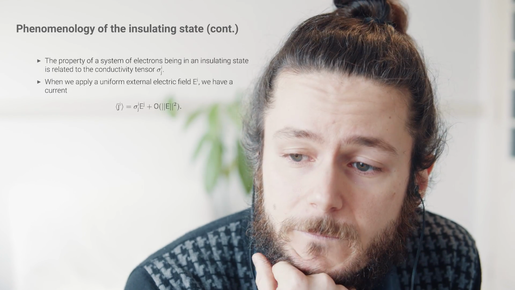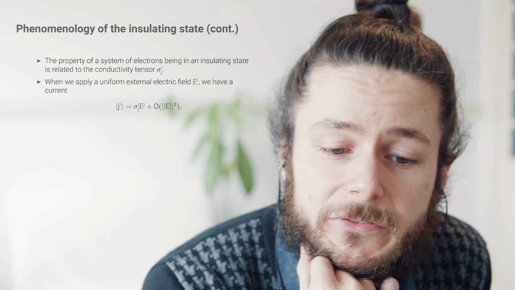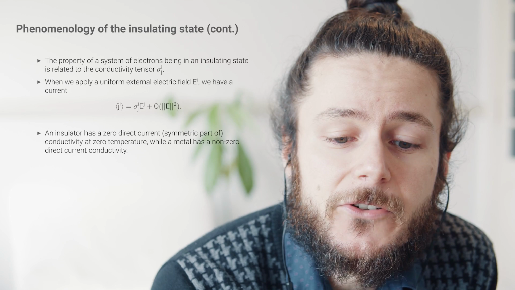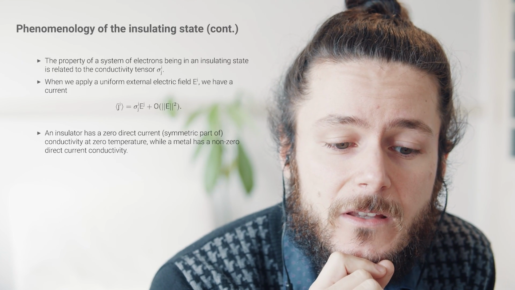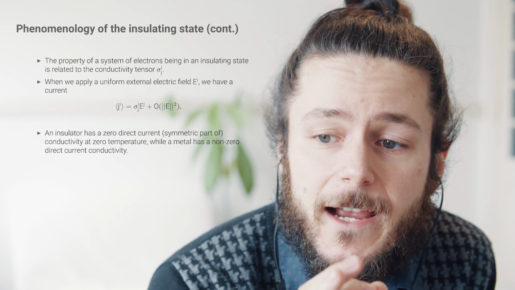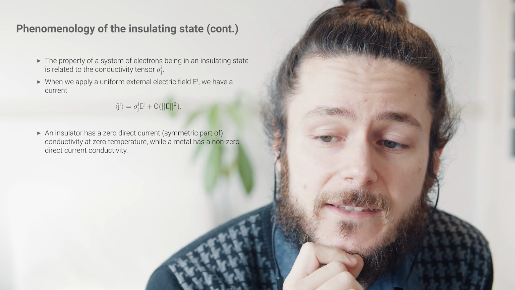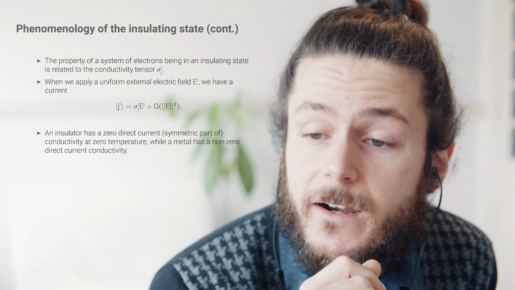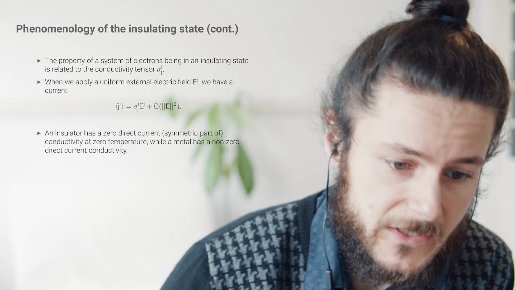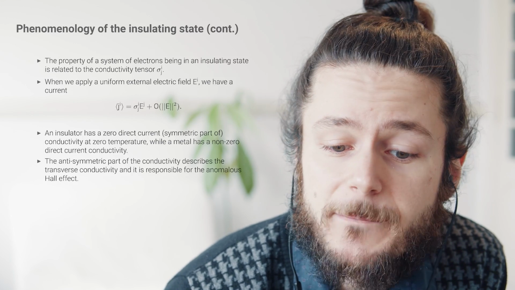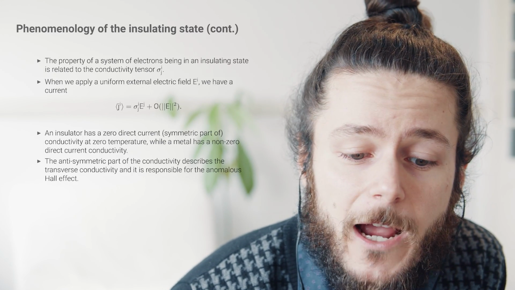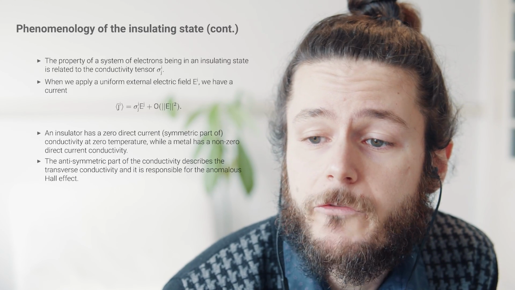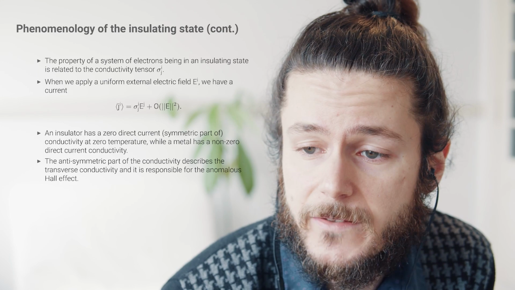So, as a preliminary definition, I would say that an insulator has zero direct current conductivity. To be more precise, the symmetric part of this tensor at zero temperature is zero, while a metal has a non-zero direct current conductivity. This is not the full story, as the antisymmetric part of the conductivity describes the transverse conductivity, and it is responsible for what we know as the anomalous Hall effect. More on that later.